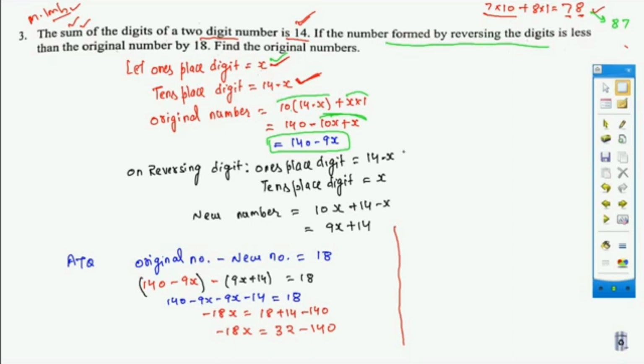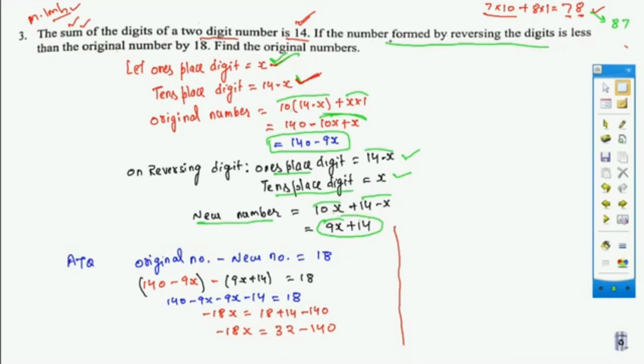Therefore the new number is equal to 10x, because the 10's place digit is x, plus (14 minus x) into 1, that is 14 minus x. We will solve it: 10x plus 14 minus x, we get 10x minus x, 9x plus 14. This is the new number.